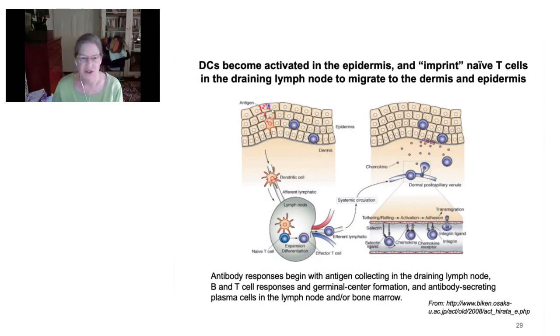So again, there's antigen, you've got dendritic cells and Langerhans cells picking up that antigen, getting activated, being affected by a whole bunch of other types of cells in the epidermis, and leaving, going to a draining lymph node, activating a naive T cell that's then going to upregulate all the things it needs to then home to the efferent lymphatic, the systemic circulation, back to that kind of tissue, leave through a postcapillary venule, and either go to the dermis or even into the epidermis.